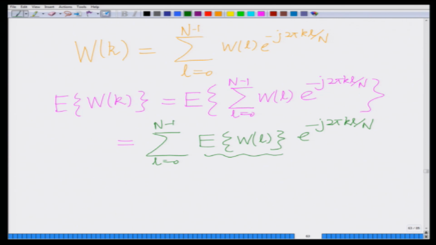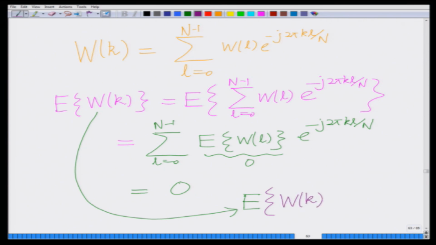Now, since the expected value of each w_l is 0, this whole quantity is 0, which means the expected value of W_k is 0. Therefore, the expected value of each capital W_k is 0.